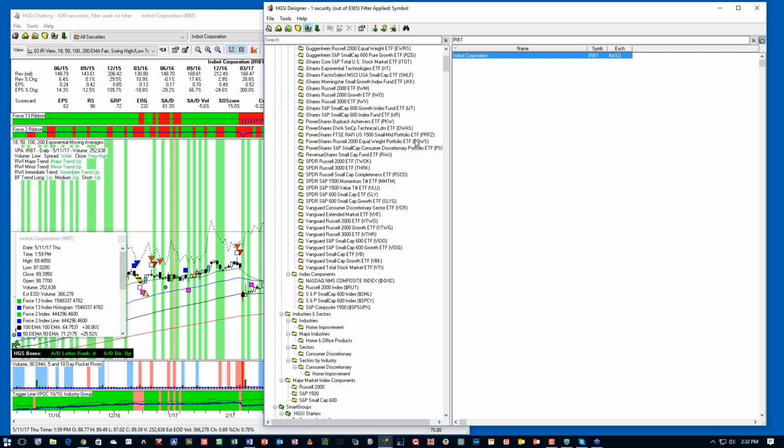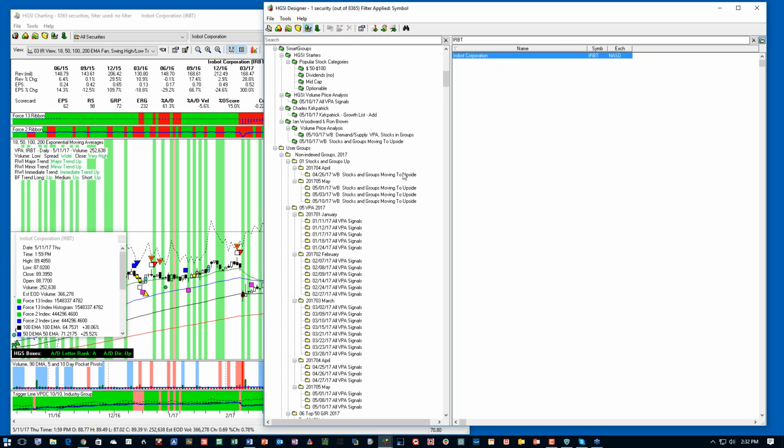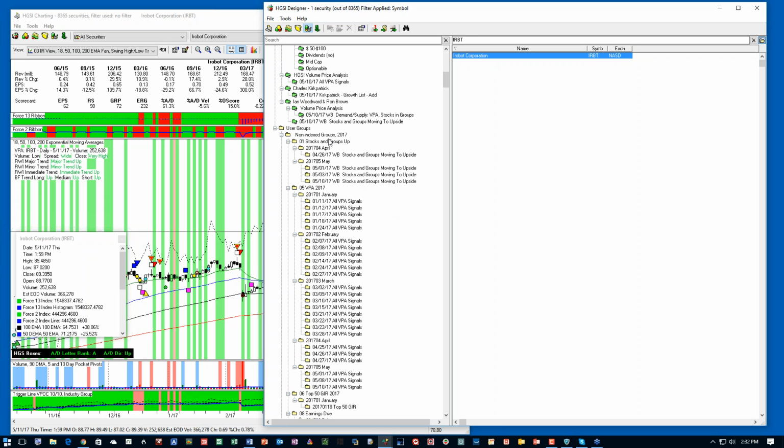Okay, so what this does is it goes back through my history. And I didn't have to put that in the filter, but I'm going to try that too. What it does is it shows where this stock appeared in these smart groups.